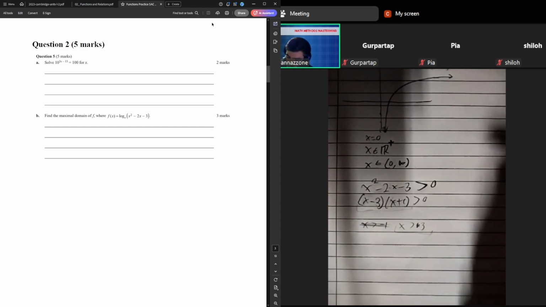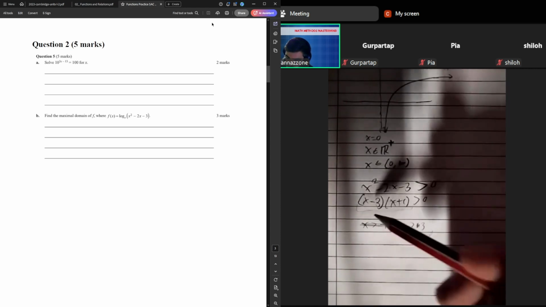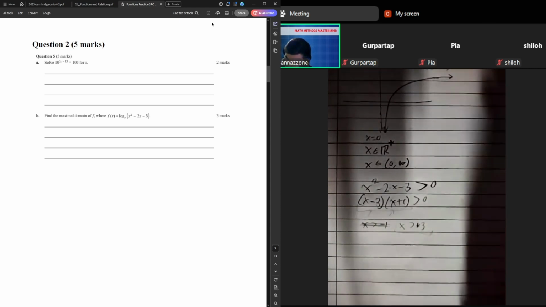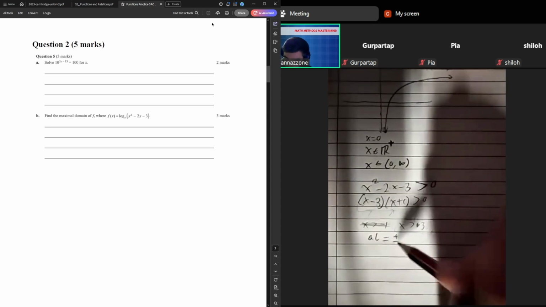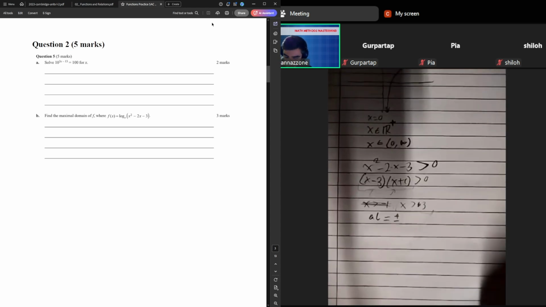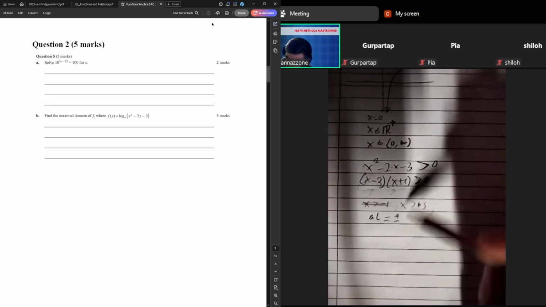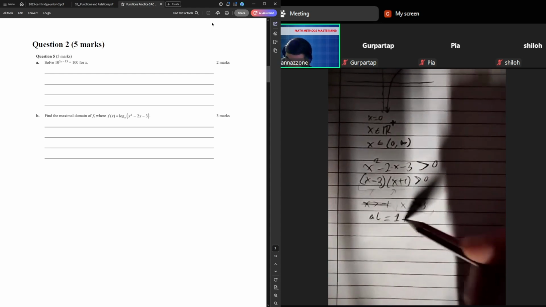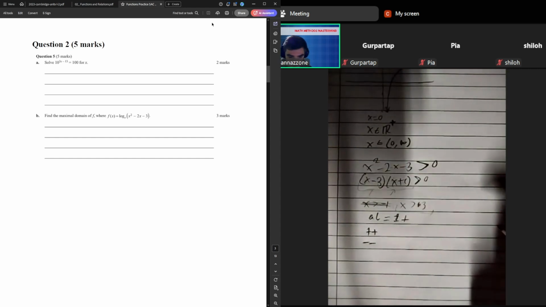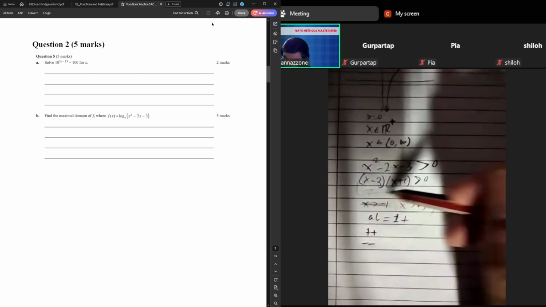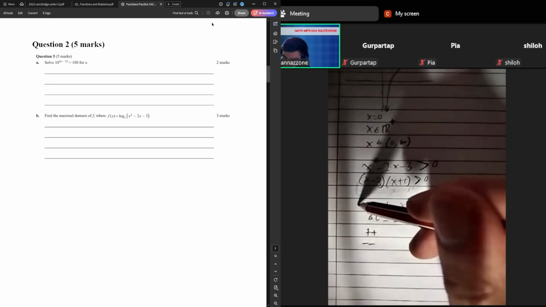But if I have two numbers a and b that multiply together, they can give either a positive or a negative. Greater than 0 just means I only want these to be positive, and there are two ways you can do that: both positive or both negative. So one way is what you've done here, but you don't ignore this.